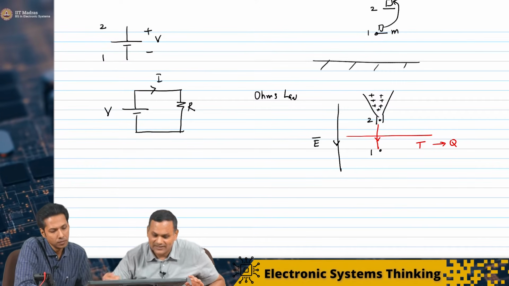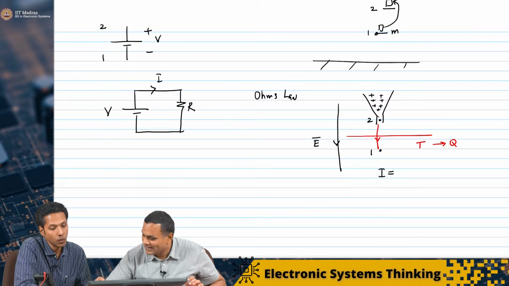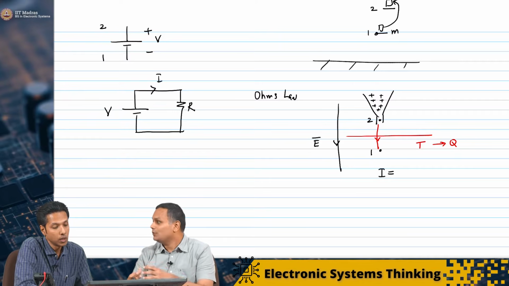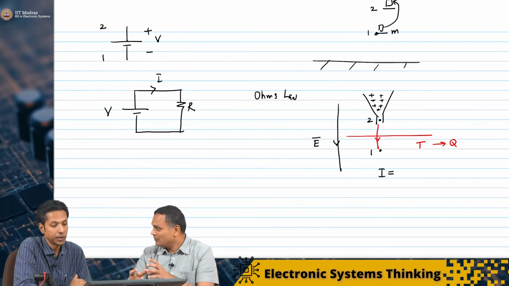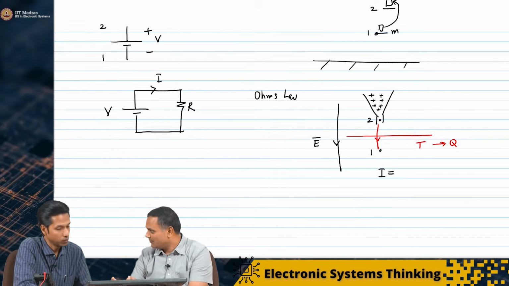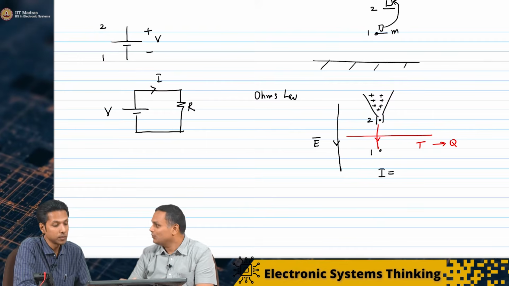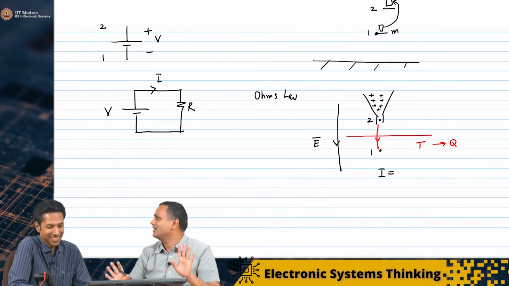Now, the average current, or rather the current, is defined as the amount of charge that has traveled over a period of time t. So you take the ratio of these two quantities, it gives you the rate of flow of charge. That is nothing but current.